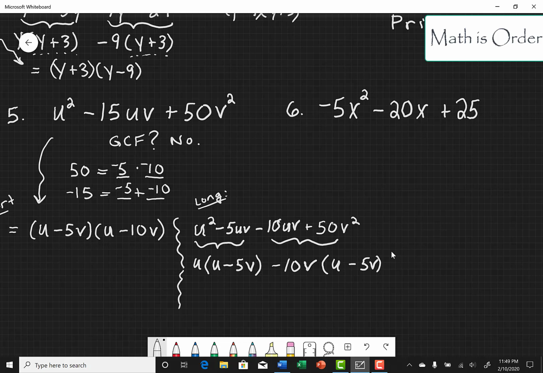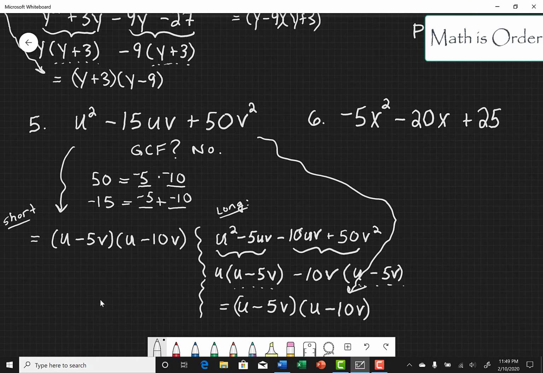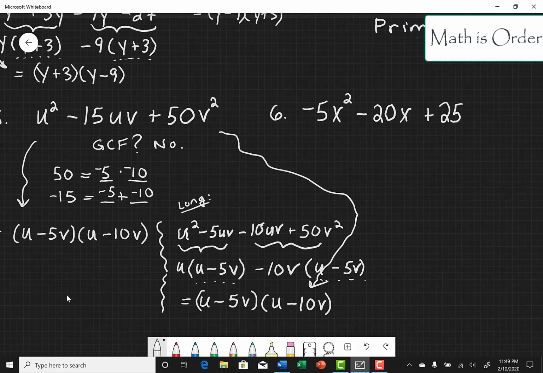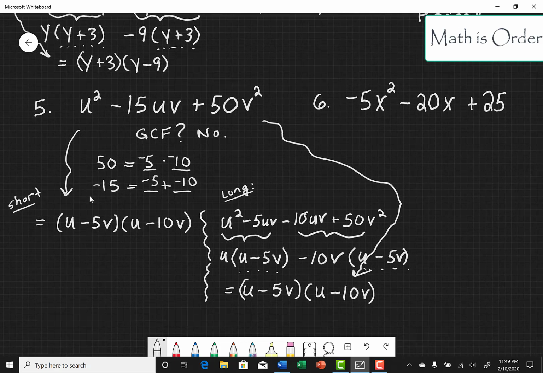So we got u minus 5v in both terms. So that can factor out. Take u minus 5v out, we're left with u minus 10v, which is the same thing as what we had found in our shortcut approach. All right, so whether you use the long or short, you'll get the same answer. The short only works when the coefficient is 1.